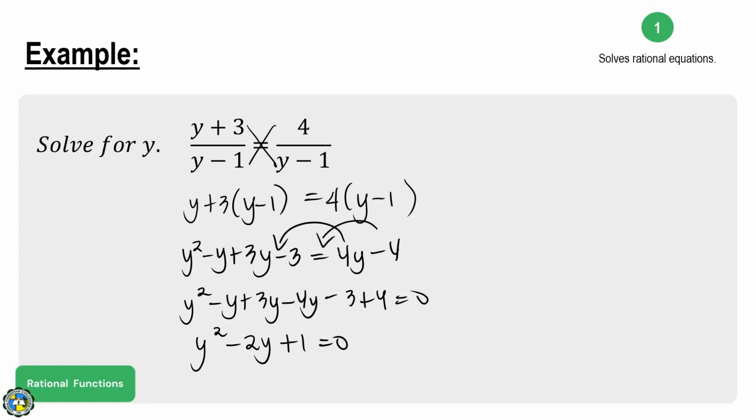And remember, negative times negative is positive. Kaya satisfy pa rin natin yung mga signs ng ating quadratic equation. So, pag finactor out natin to, this will be what? Y minus 1 times y minus 1 or y minus 1 quantity squared po. Okay? And then equals 0.